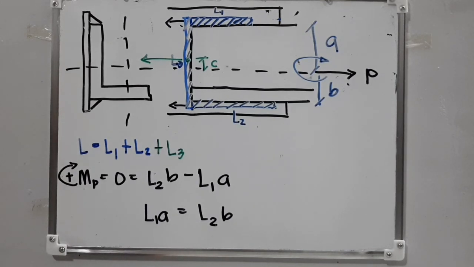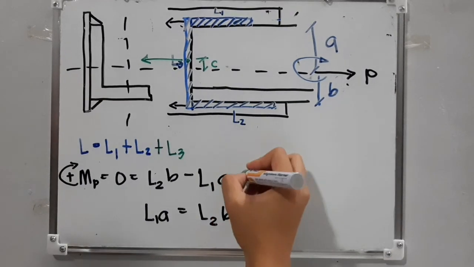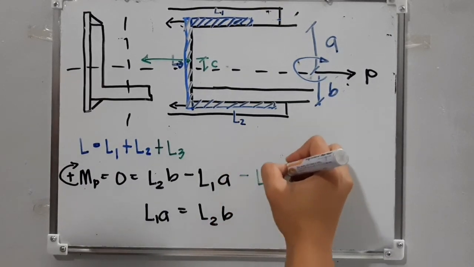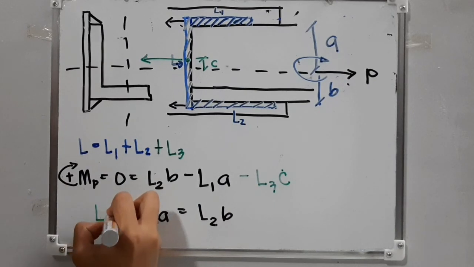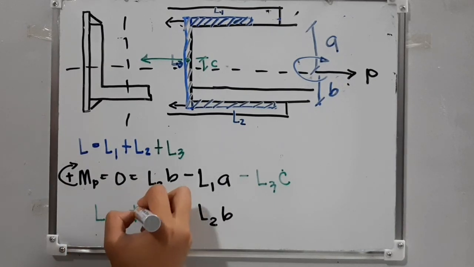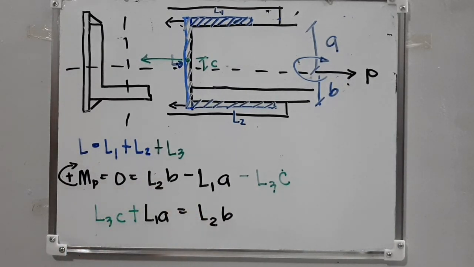Pag nag-add tayo, that is also minus L3 times C. So therefore, L3 times C plus L1 times A is equal to your L2 times B. So, you can also refer to the handouts given to you for the formulas.